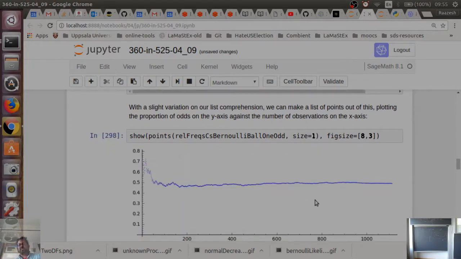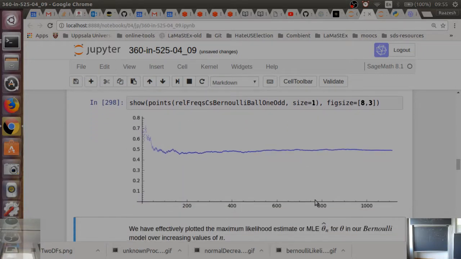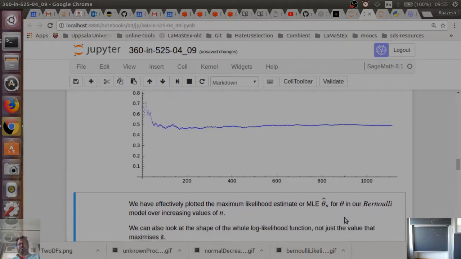This is actually my estimator for the unknown theta star in the Bernoulli model for the oddball popping out. And as you see, it's converging to 0.5, which is what you would expect from a lotto machine. Each of the 40 balls is supposed to pop up, and there's 20 odd and 20 even.